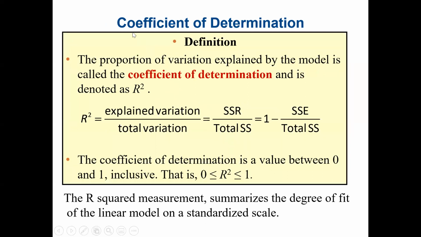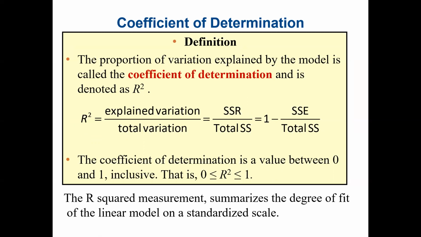We also have to know the coefficient of determination. Normally, the coefficient of determination summarizes the degree of fit of the linear model on a standard scale. The proportion of variation explained by the model is called the coefficient of determination, and it's denoted as R square. Normally, if we know the value of the Pearson correlation R, when we square it, that will give us the percentage of the dependent variable determined by the independent variable.